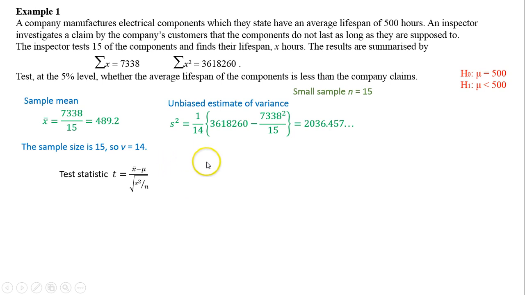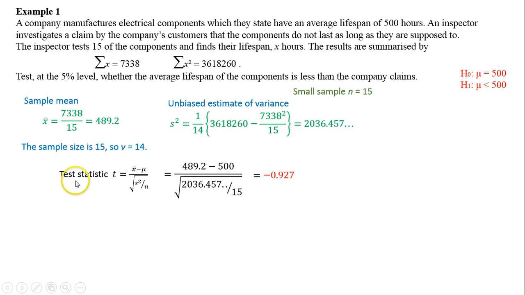Our test statistic, t now, not z, is exactly the same as before. It's x bar minus mu over the square root of the variance of x bar, which is s squared over n. So in our situation, we've got x bar minus 500, what we want to test for the mean, divided by the square root of s squared over n, giving us minus 0.927.